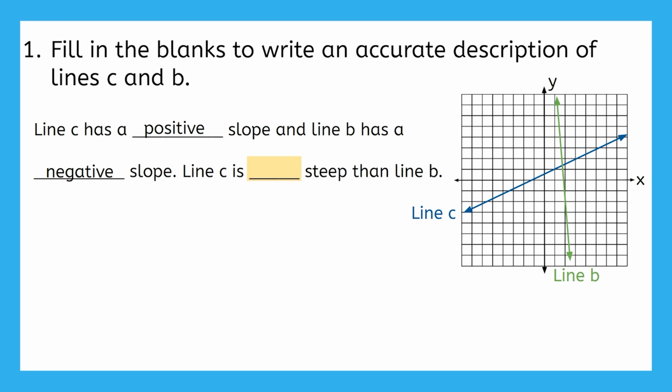But walking up line B would be more like a climb than a walk. It would be very tough because line B is a lot steeper. So what word would you use to fill in this blank? We need the word less, so this line says line C is less steep than line B.